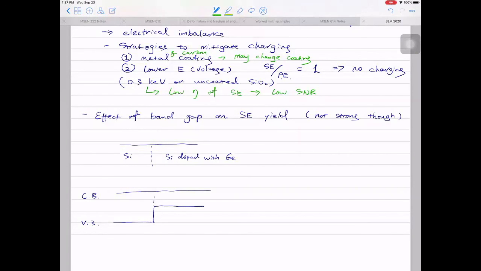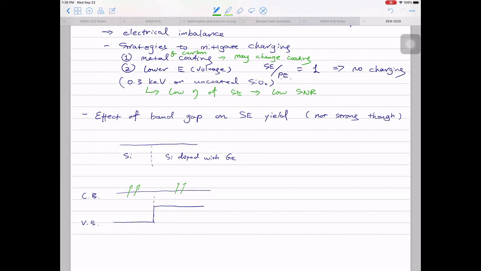If you have any guesses, would you like to speak up? So there will be secondary electrons generated. Take a guess, which one will generate more secondary electrons? Isn't it the same? There's a slight difference.